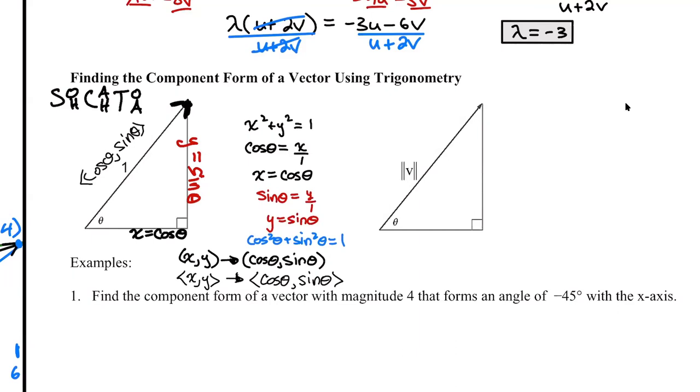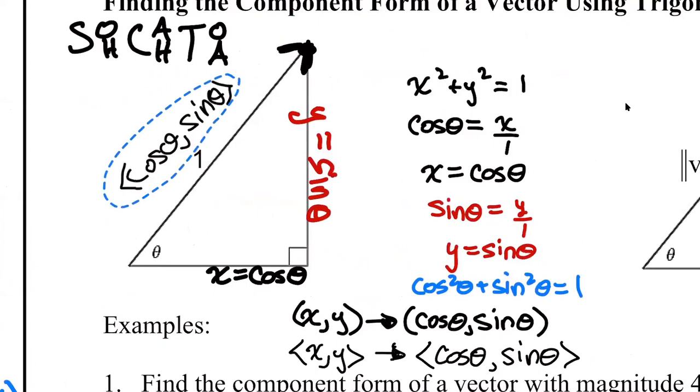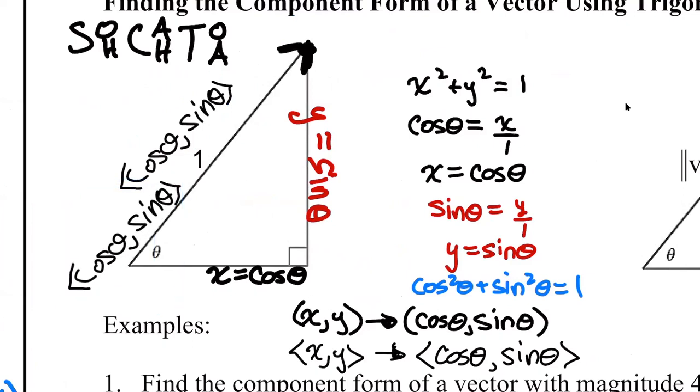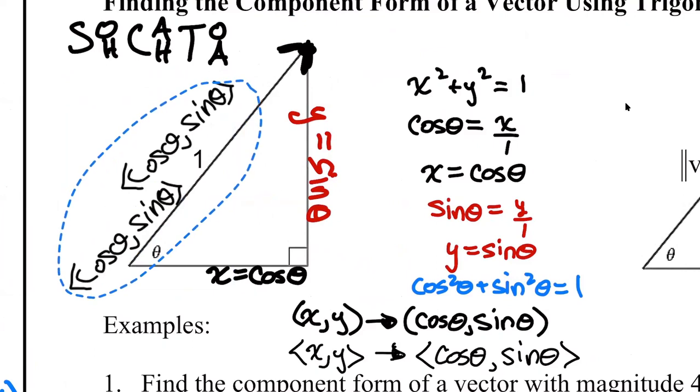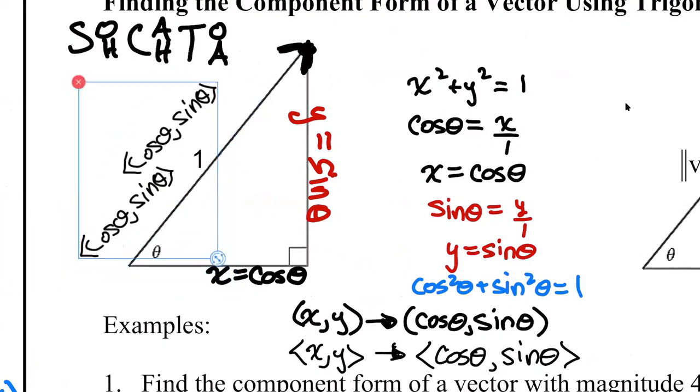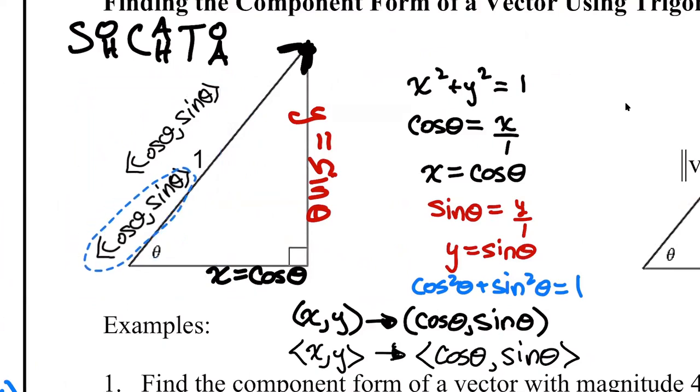So the magnitude of cosine theta comma sine theta is going to be equal to 1.